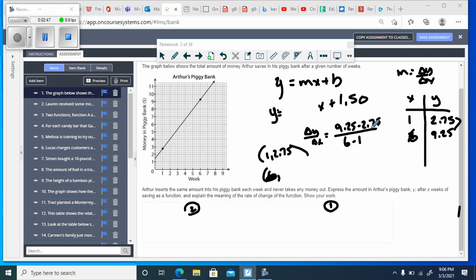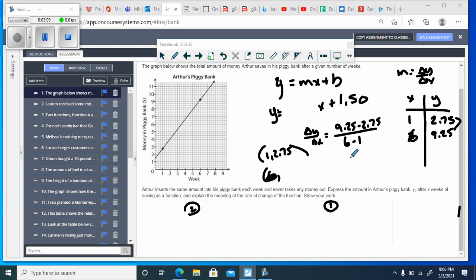Okay, so 925 minus 275. Use your calculator. 925 minus 275 gives me 650.